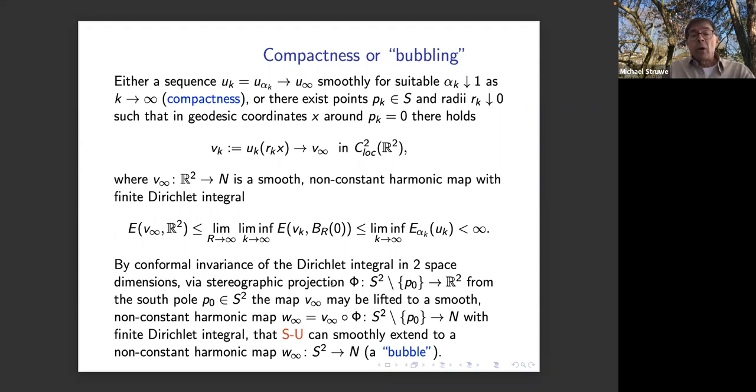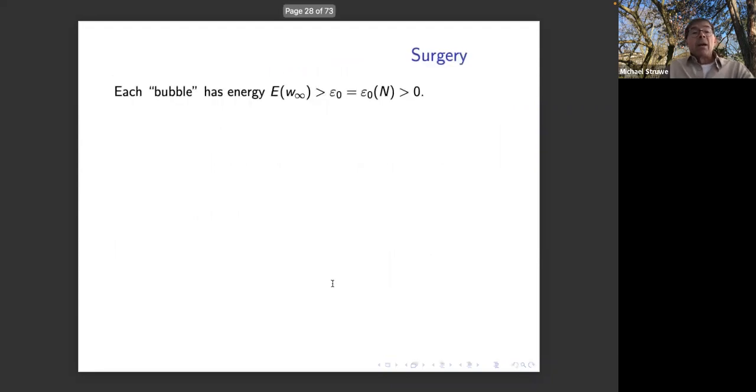This is what you would call a bubble, simply because the domain now is the sphere and spherical maps are bubbles. All right, so each bubble has an energy E of W infinity strictly bounded from below. There's some number depending only on the target, some number epsilon 0, such that E of W infinity is larger than epsilon 0, strictly positive.